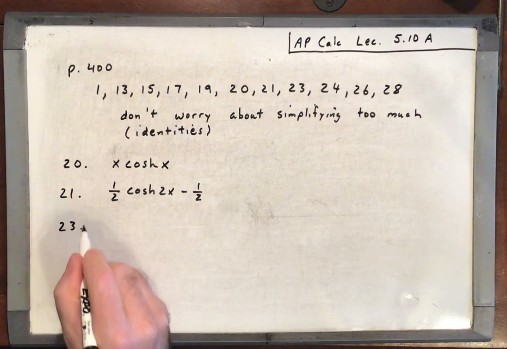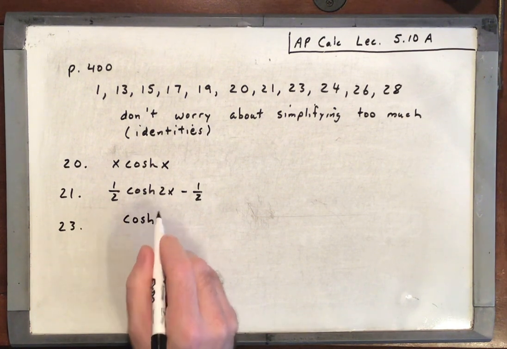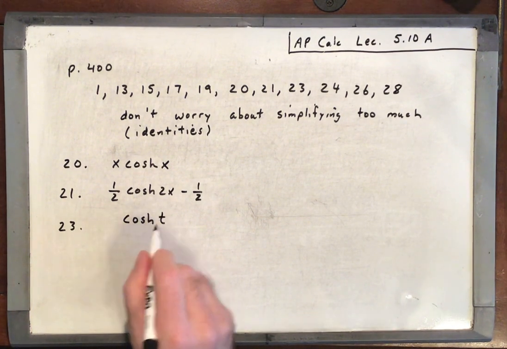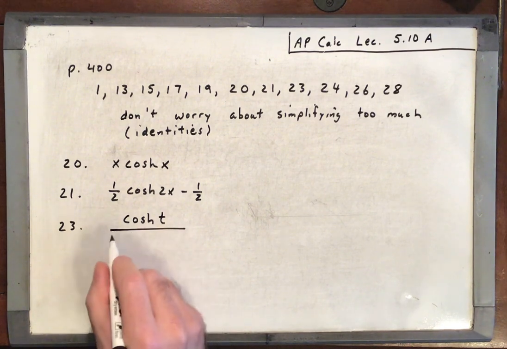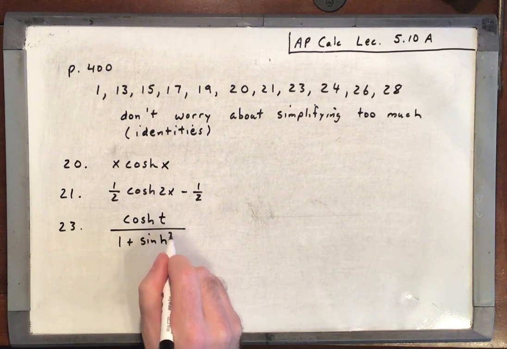Same for 23. I would be happy if you will get to hyperbolic cosine of t, cosh t, over 1 plus hyperbolic sine squared of t.